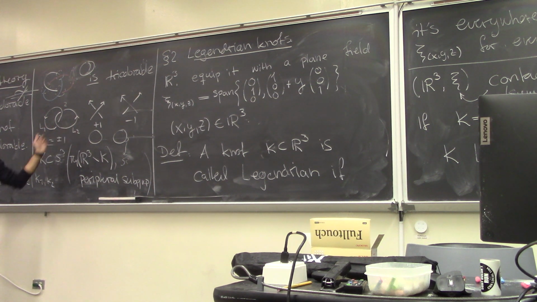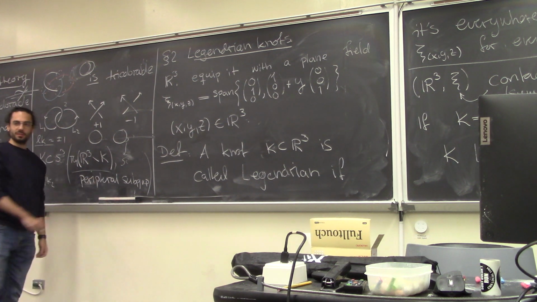And so that can be used to show that these are different. Typically there are easier intermediate invariants, such as the linking number, which is easier to compute, and you would really want to avoid computing this.